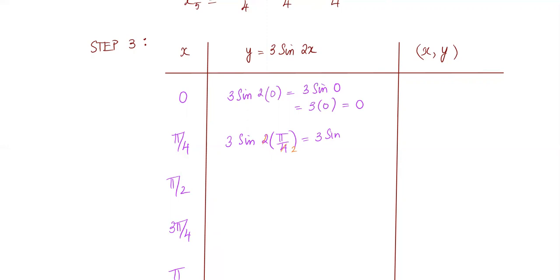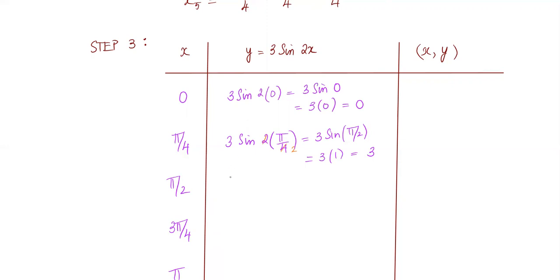That's pi over 2. 3 times sine pi over 2 is 1, which is 3. This is all coming from the unit circle. You're already beginning to see that you have the positive 3, which was your amplitude, coming up.